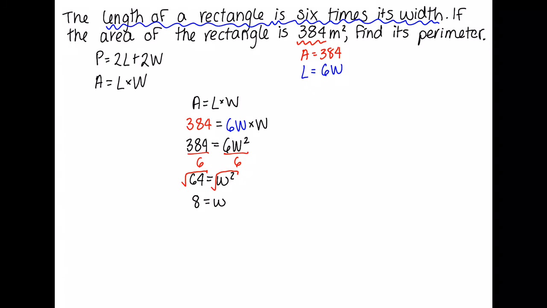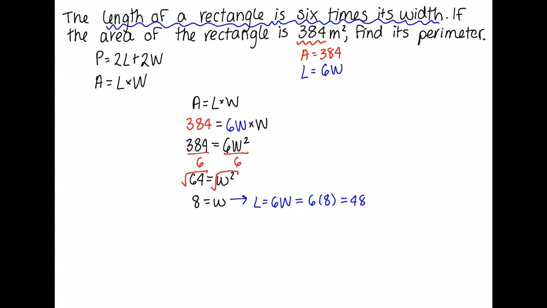We want to find its perimeter, and the perimeter formula requires length and width. So if I take my width and plug it back into my length formula, I can get the length, and then I can use the perimeter formula. The length is equal to 6w. So we have 6 times 8, which is 48.